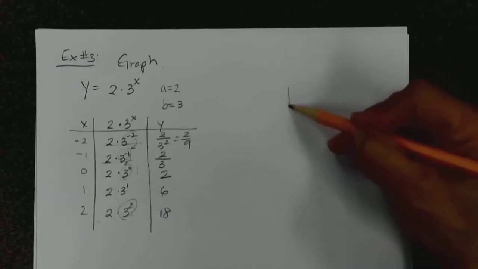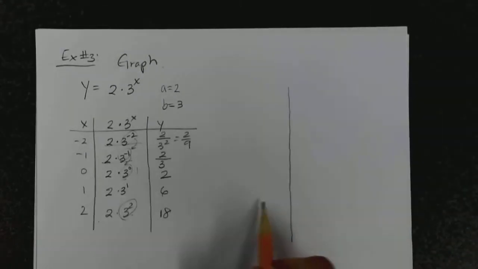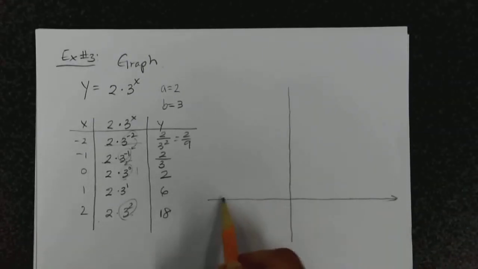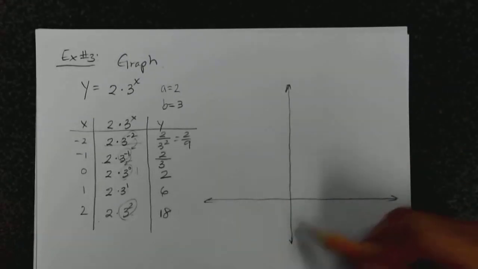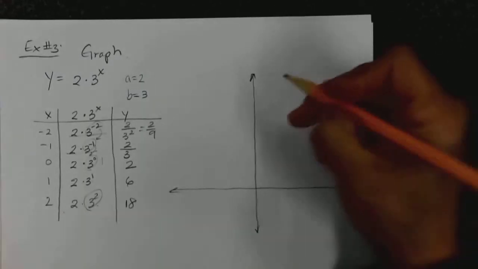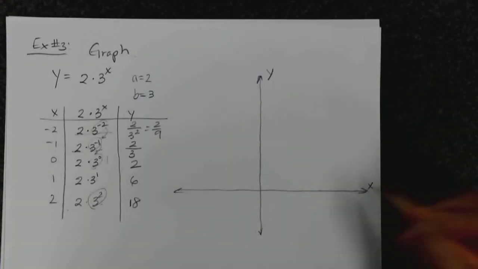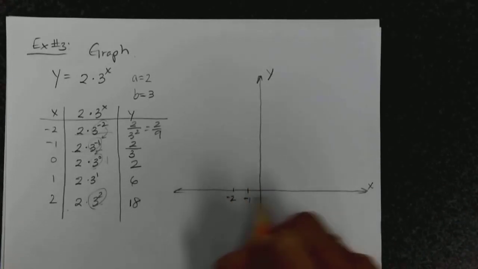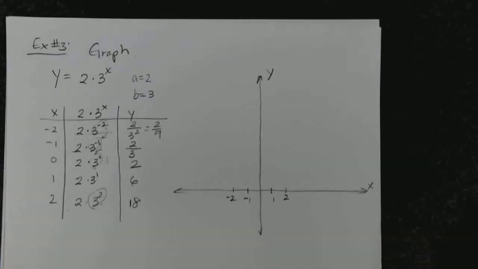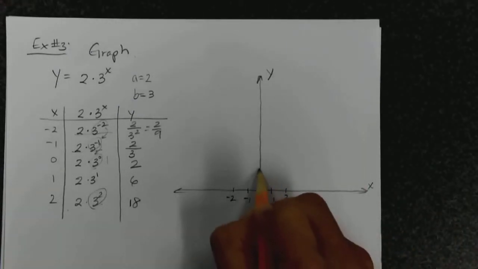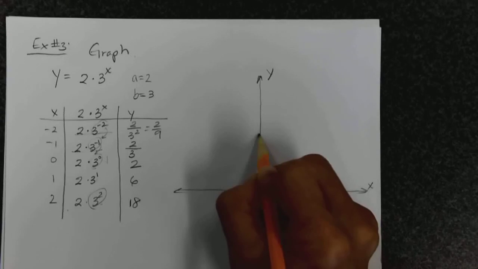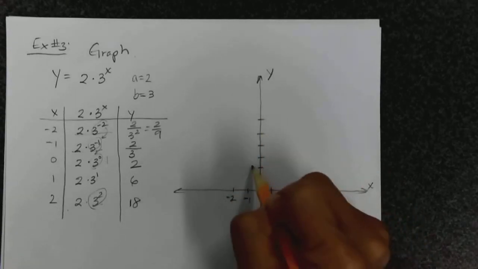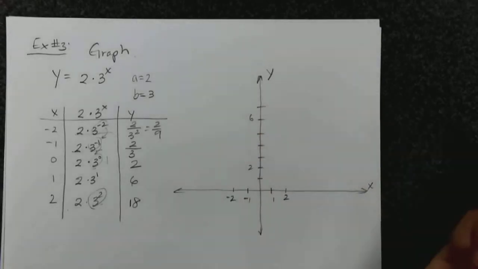So now when we do our graph, and because this is a growth, I only need mostly the top half of my x and y axis. Here's -1, here's -2, 0, 1, 2. I'm going to go 1, 2, 3, 4, 5, 6, and then so on.